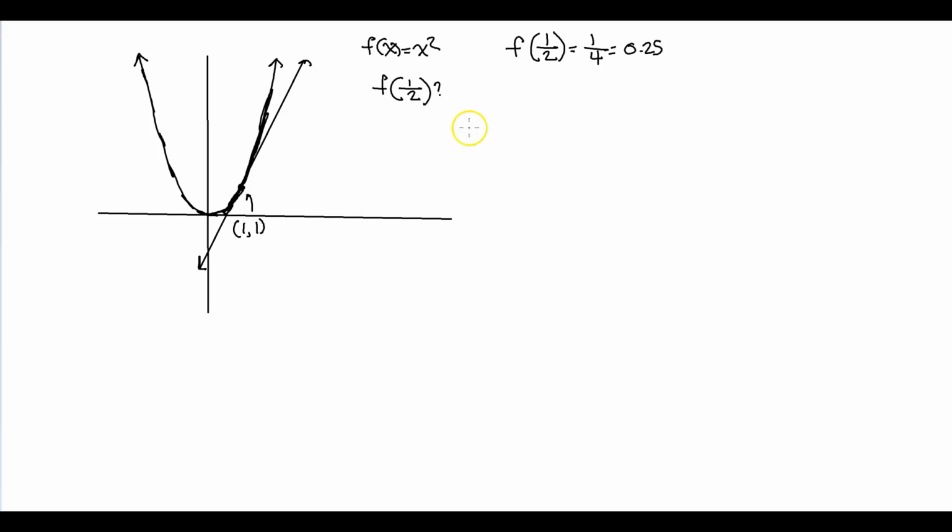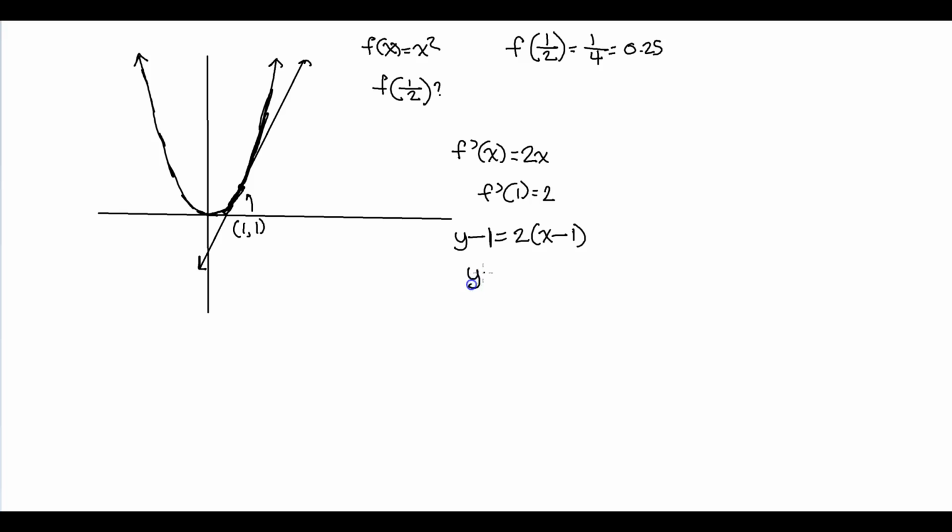So what is our equation of the tangent line? Well, the derivative f prime of x is equal to 2x. So the derivative at x equals 1 equals 2. With our slope at x equals 1, we can just use the point slope form: y minus 1 equals 2 times x minus 1.